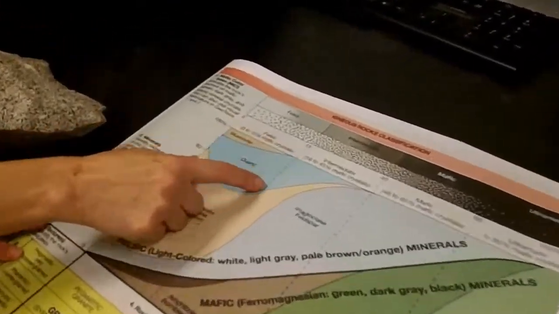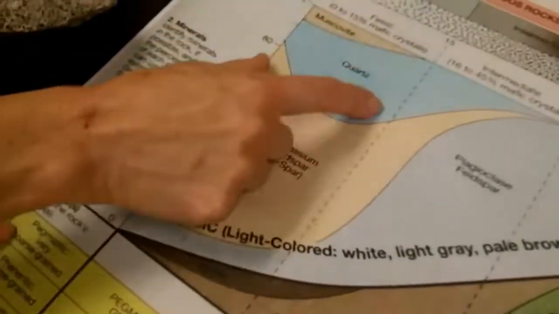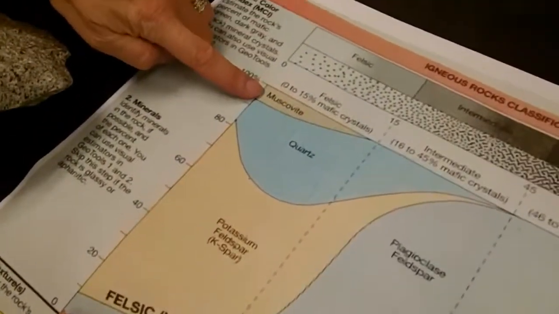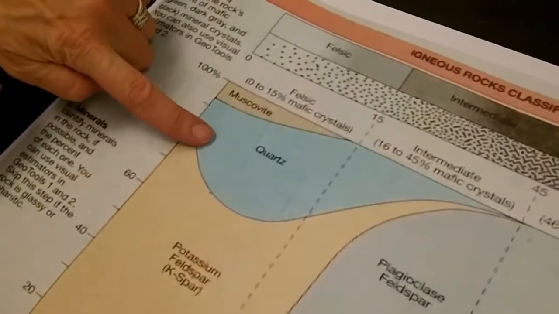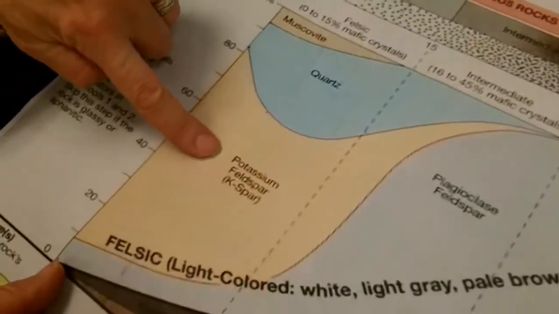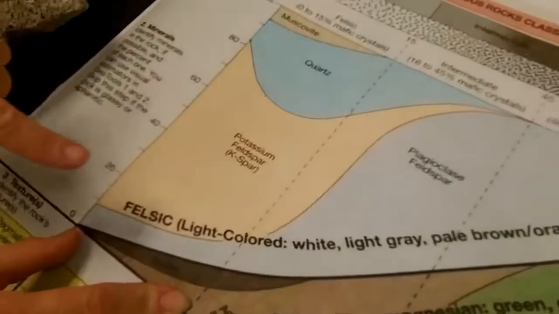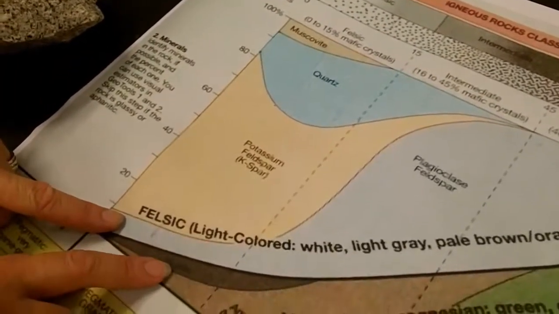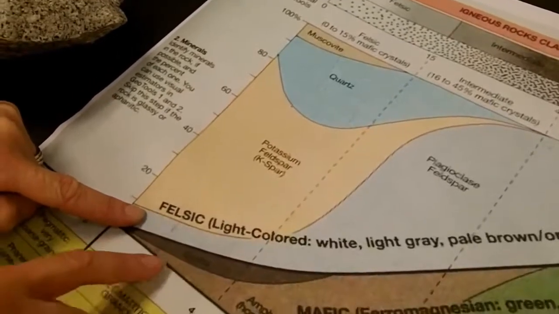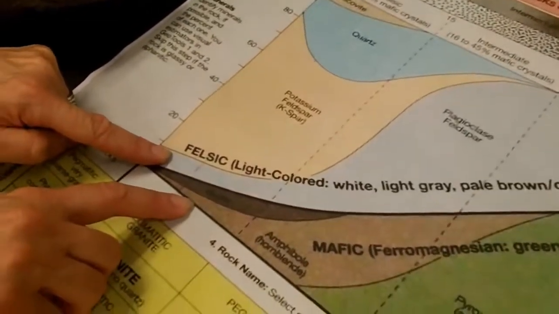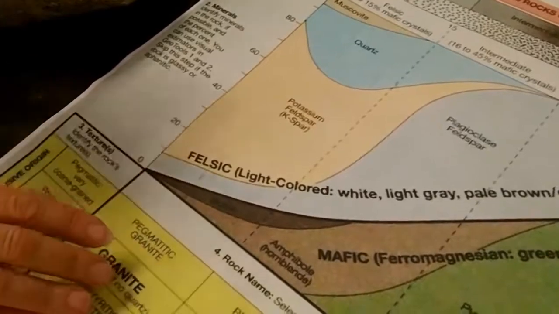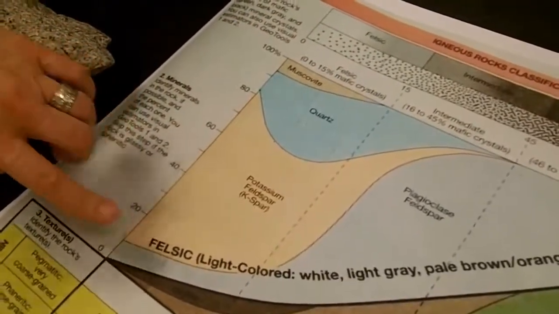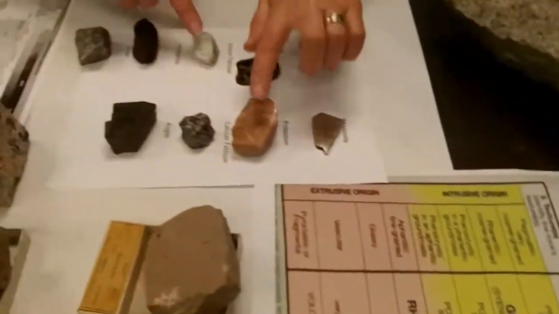So in the felsic rocks, they are going to have muscovite, quartz, potassium feldspar, maybe some of the sodium-rich plagioclase feldspar, maybe some of the biotite mica, and sometimes a little bit of hornblende. So muscovite, quartz, potassium feldspar, plagioclase feldspar, those were the ones that you picked out as being the light minerals.